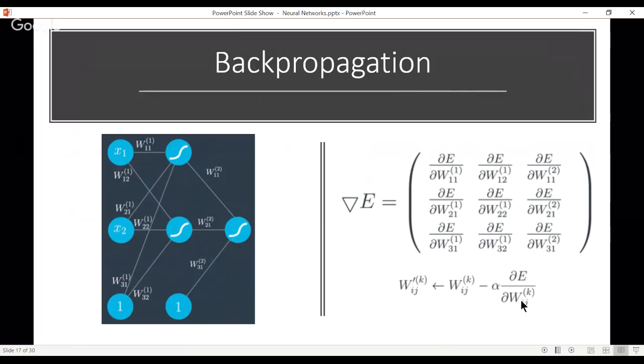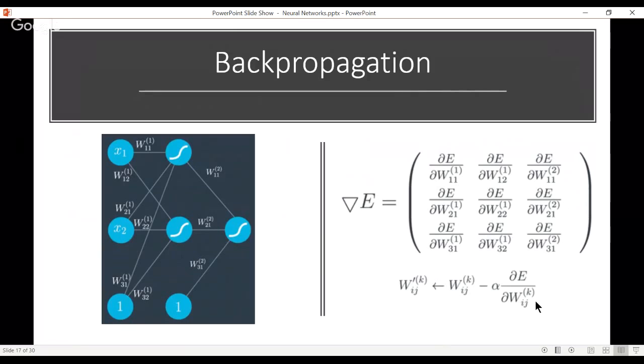Now, if increasing my weight is increasing the error function, that means I need to reduce my weight because I want to reduce the error, right? So if increasing this increases the error function, this ratio is going to be a positive number, and this equation will end up reducing your previous value of the weight.